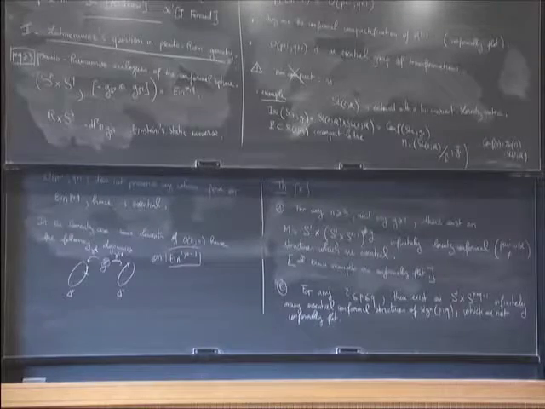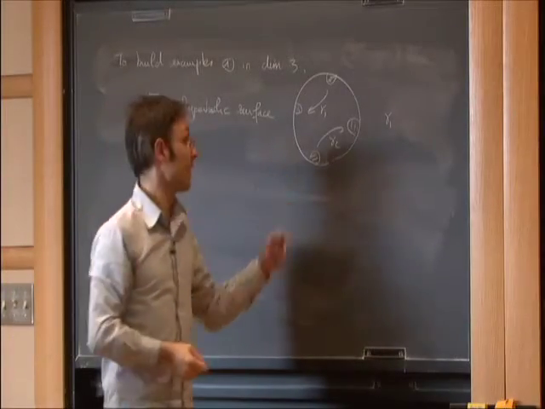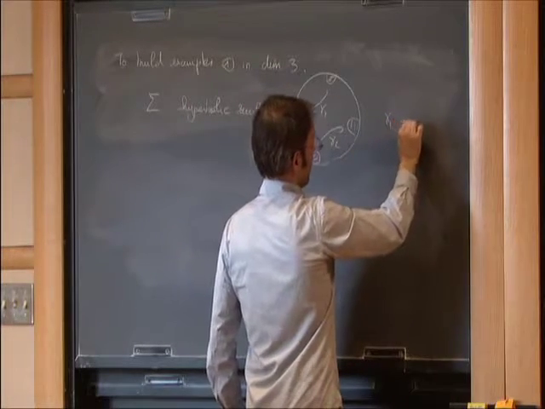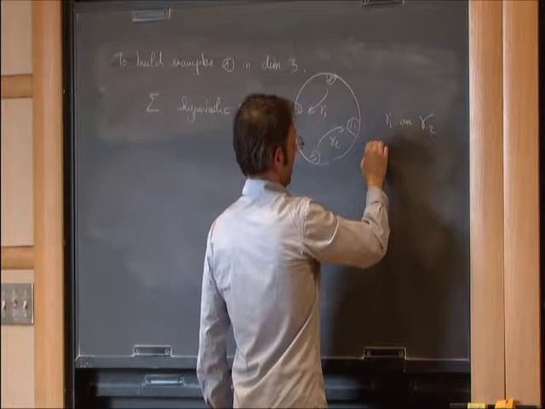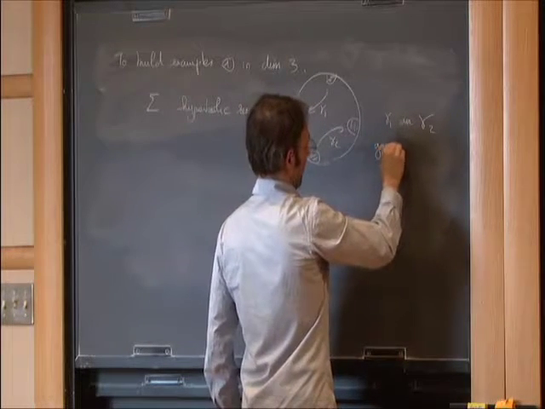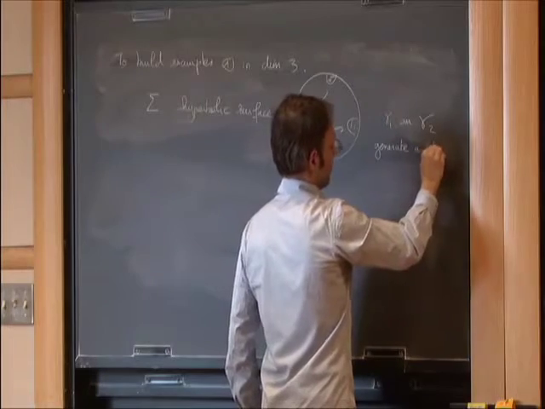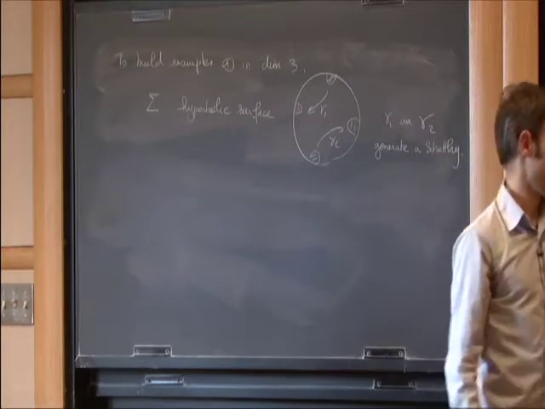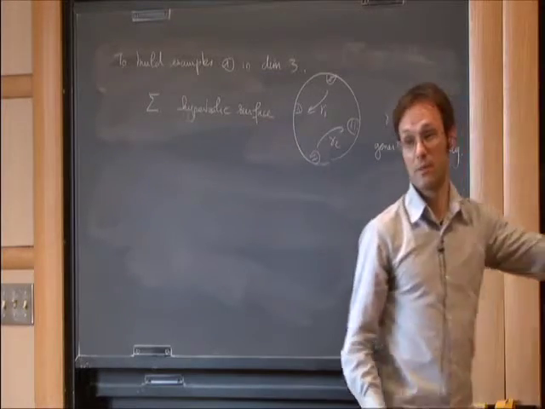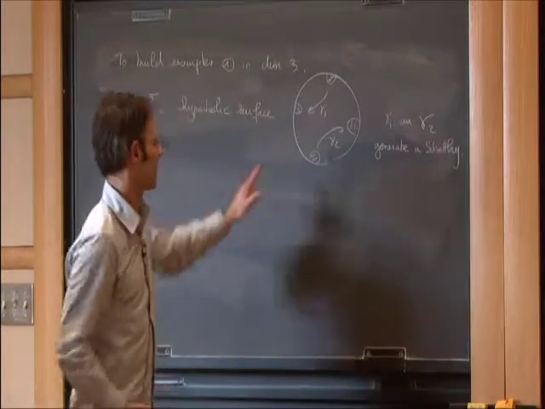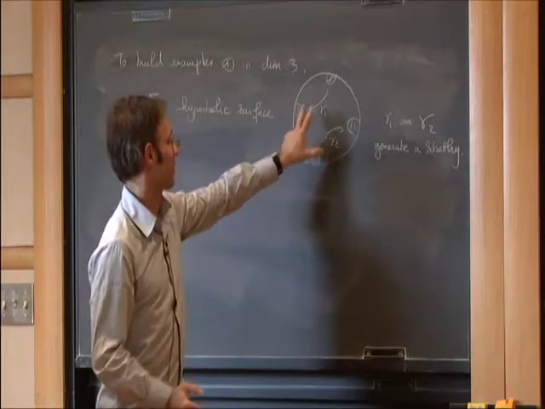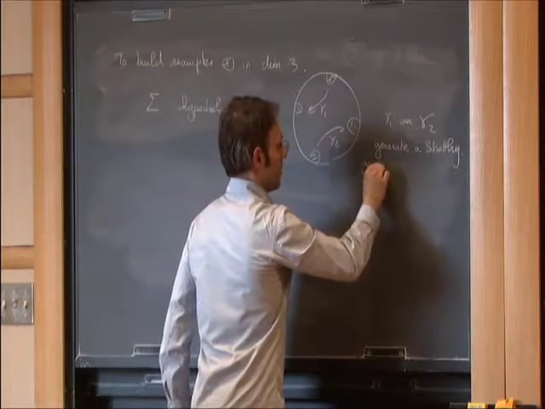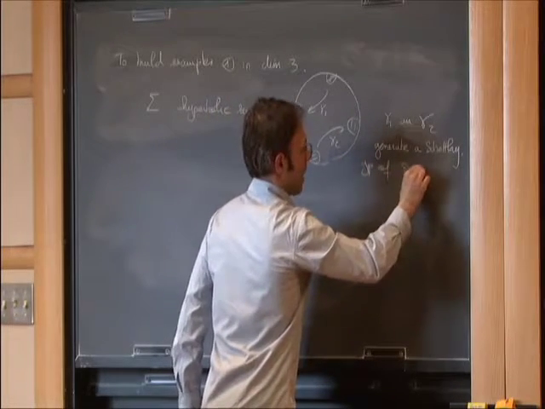Infinite volume, yes, non-compact, that's the point. Gamma 1 and gamma 2 generate a Schottky group. Actually, I could describe everything in terms of Schottky groups on this space, but maybe it's faster to go this way. A Schottky group of SL2R.